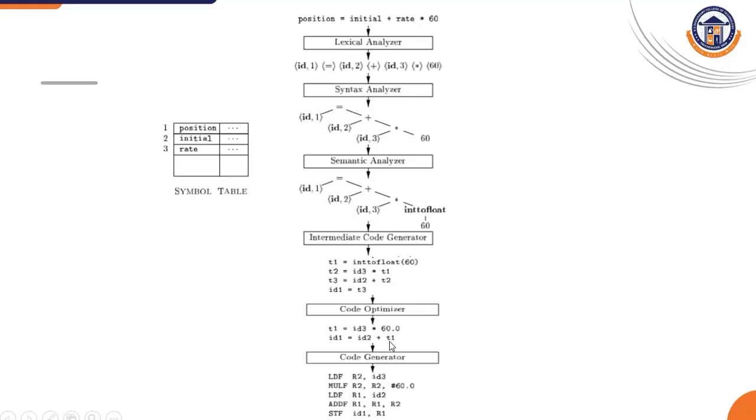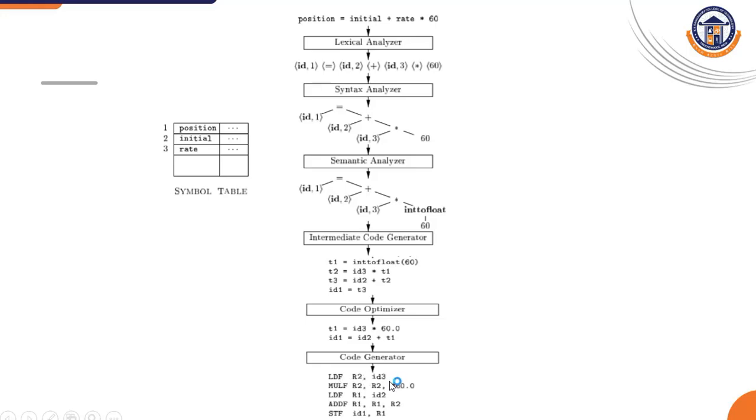This optimized three address code is given to the code generator. The code generator performs some assembly language generation. In this code generation phase, memory allocation and register allocation are to be done. Registers R2 and R1 are used as storage.